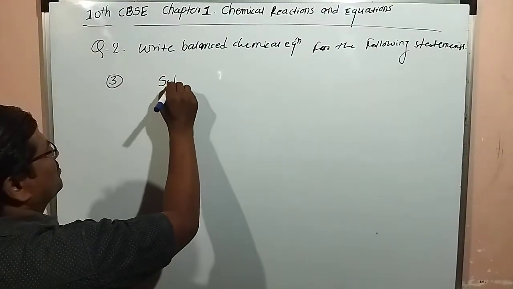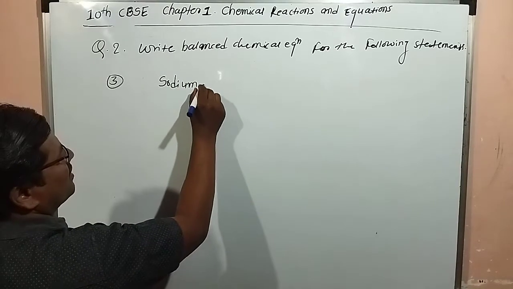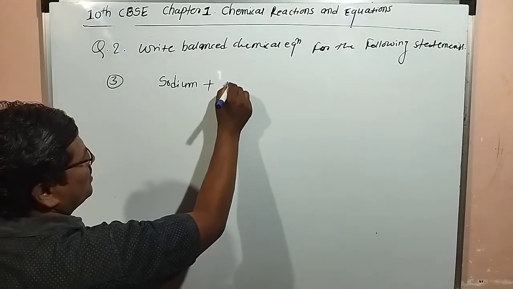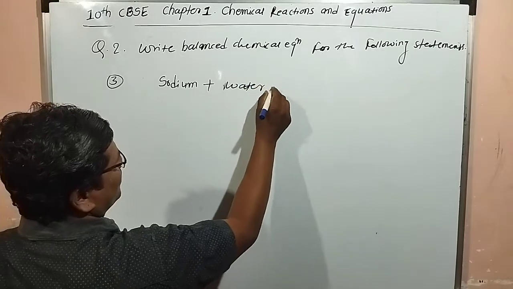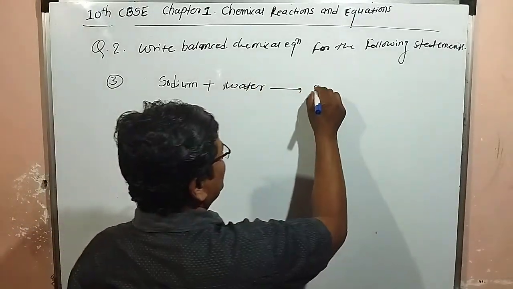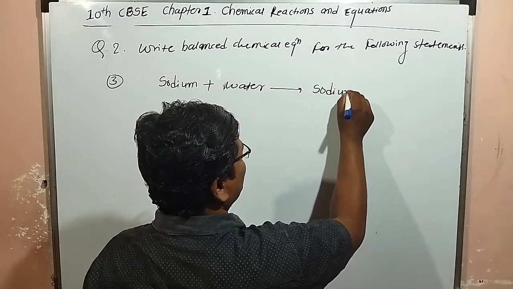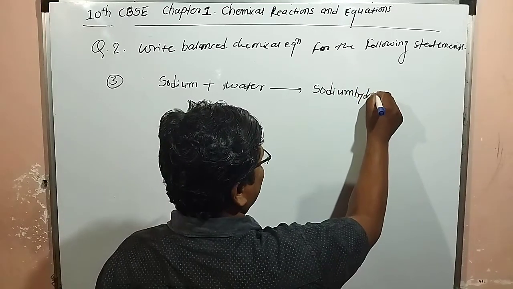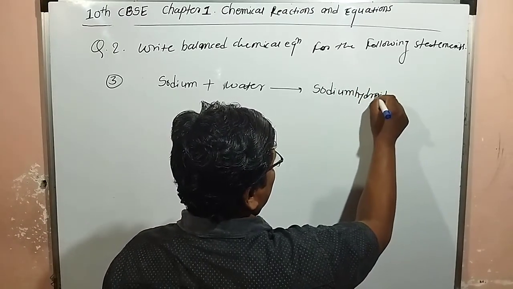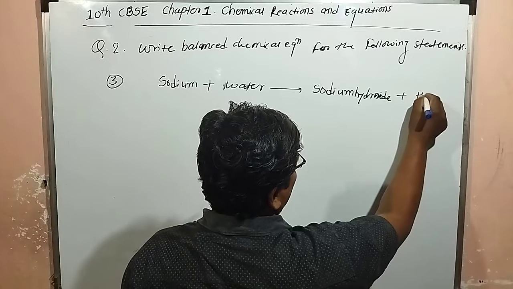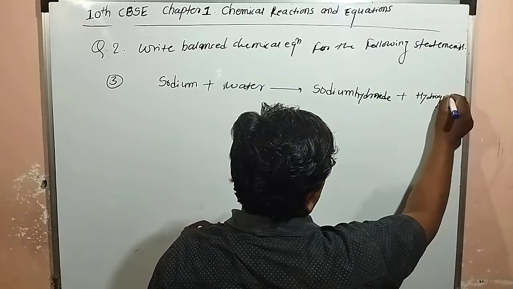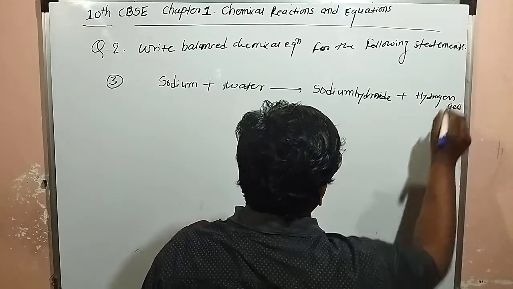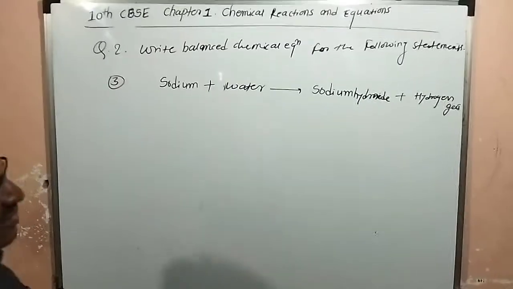So here sodium will be there, plus water, then it gives sodium hydroxide, then plus hydrogen gas. So we'll write its balanced chemical equation.